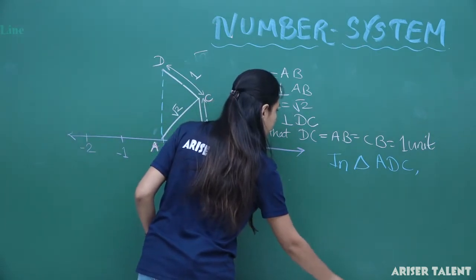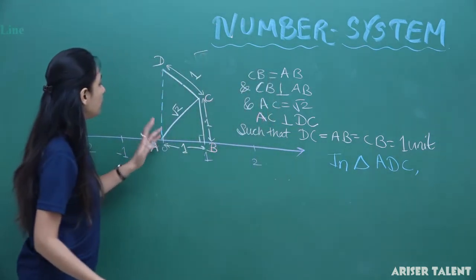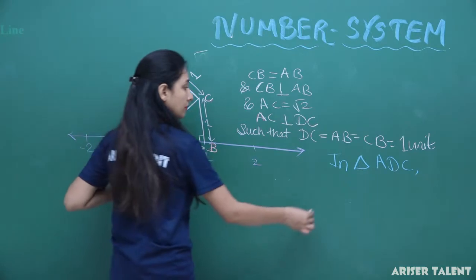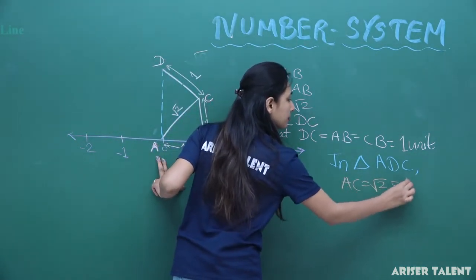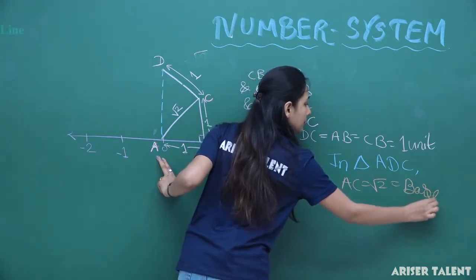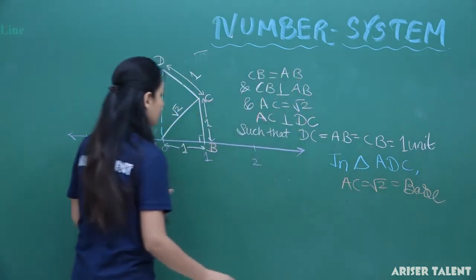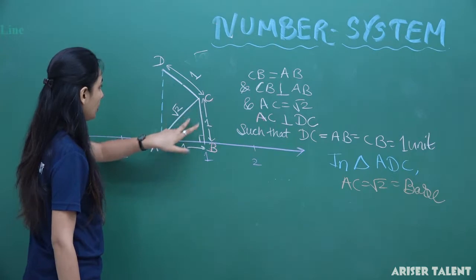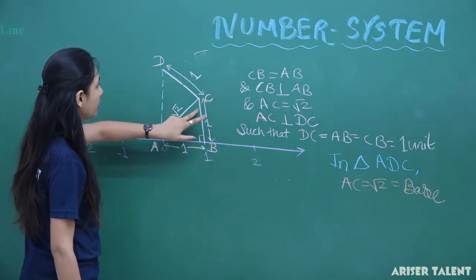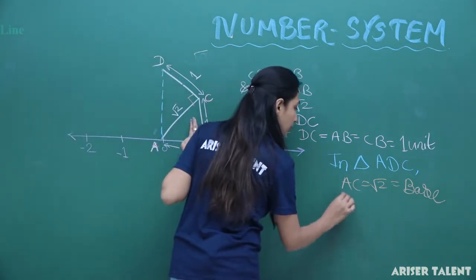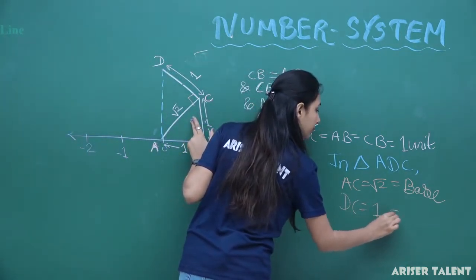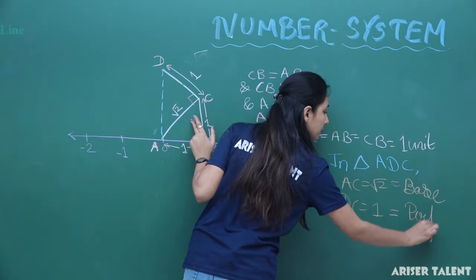What you need to mention in this particular triangle ADC: AC equals root 2 equals the base. Then DC equals 1 equals your perpendicular.